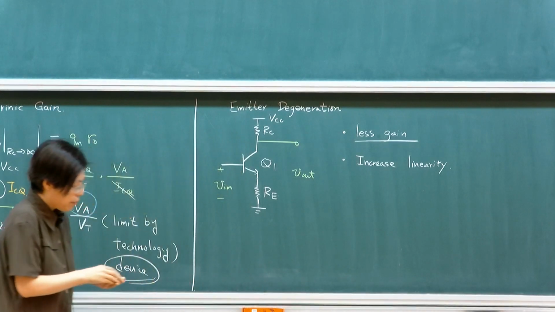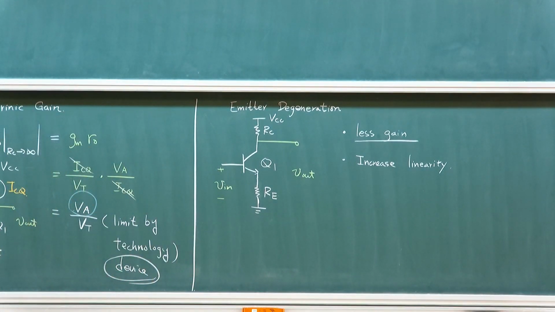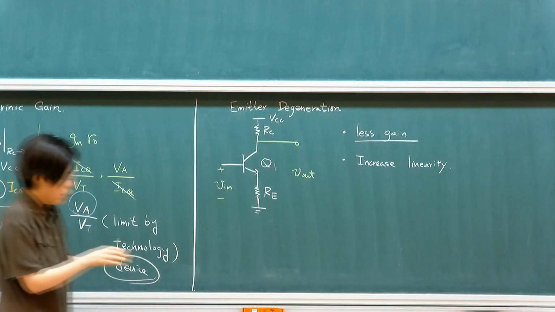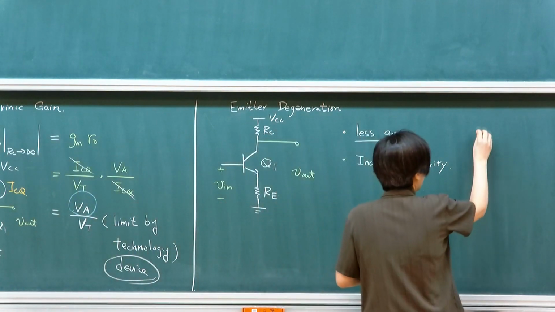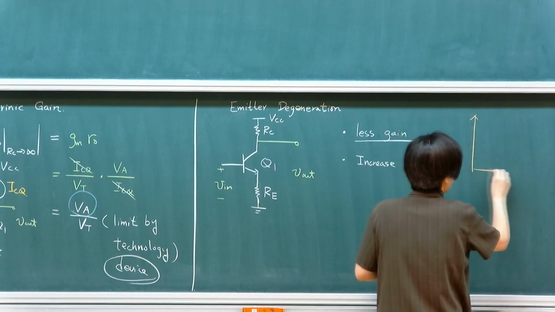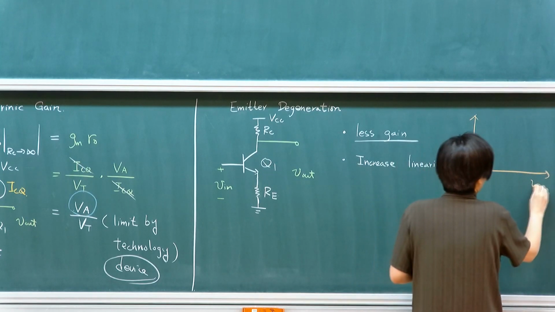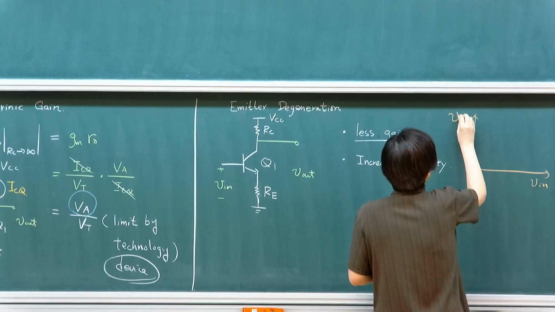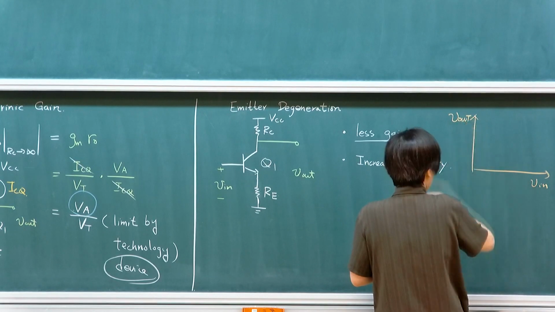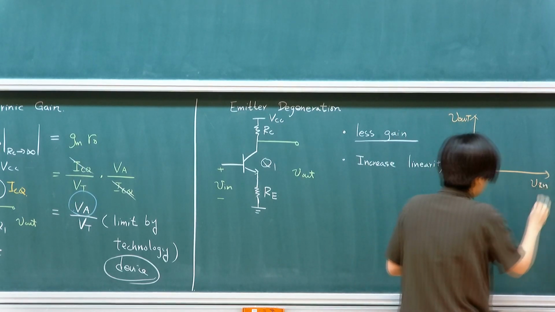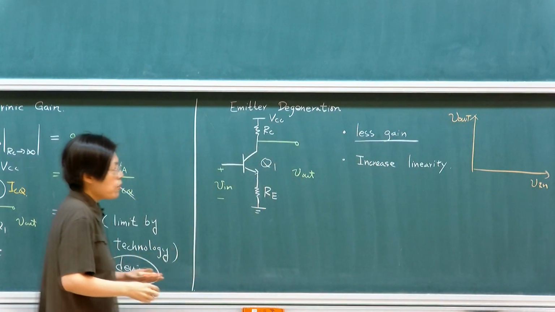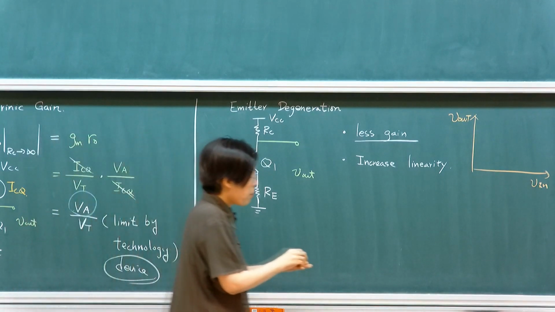So if you go back and look at the overall transfer function, let me just draw it. Remember we did briefly go through the analysis of V in, the overall transfer function of the amplifier.